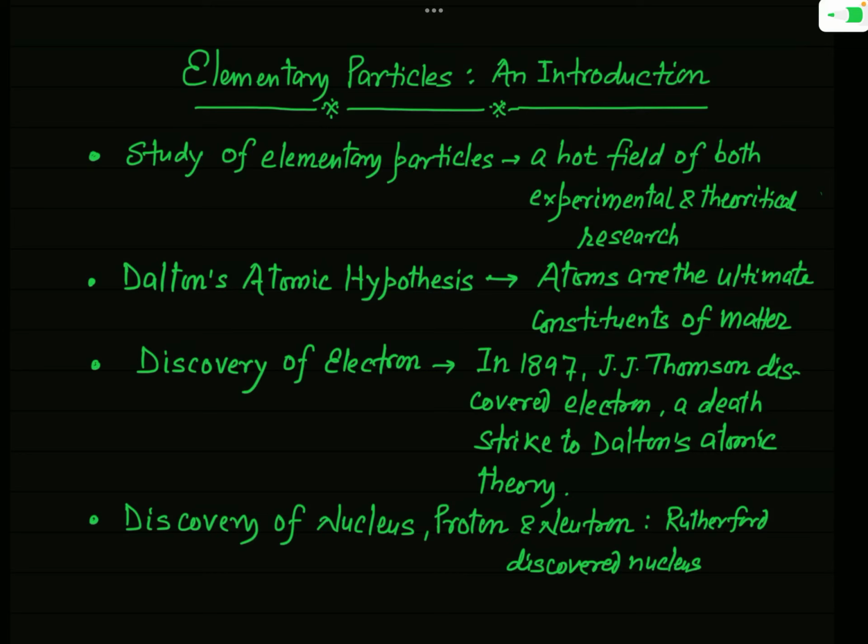At the start of the 19th century, you know, Dalton put forward his atomic hypothesis in order to explain the course of chemical reactions and processes and the structure of molecules. In fact, according to Dalton, an atom is the ultimate constituent of matter.